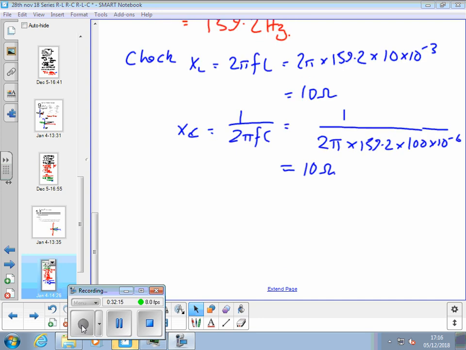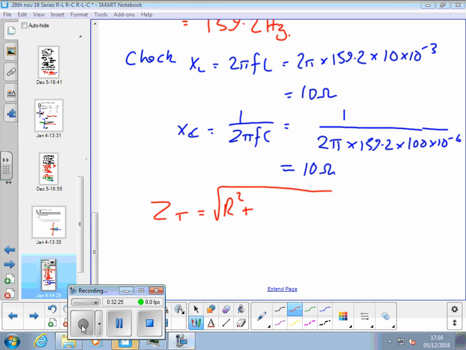So now our ZT is equal to the square root of R squared plus (XL minus XC) squared. That's equal to the square root of 5 squared plus none squared. Equals 5 ohms.